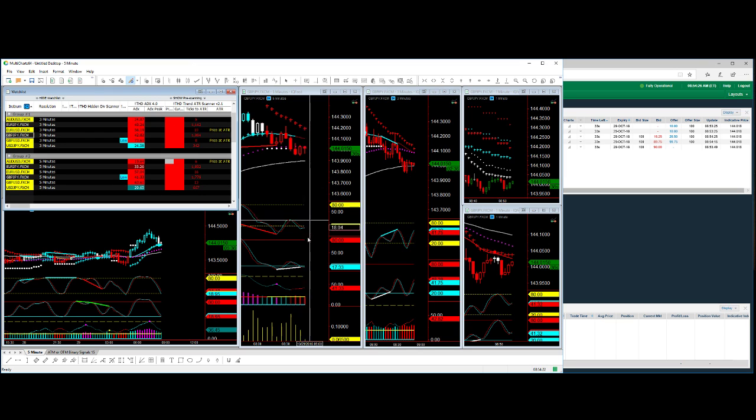Ideally, what I would like to see would be for it to flip this ATR, go to the white congestion dot, come back and test it, and then go back up. That's what I would like to see. But I don't always get what I want.